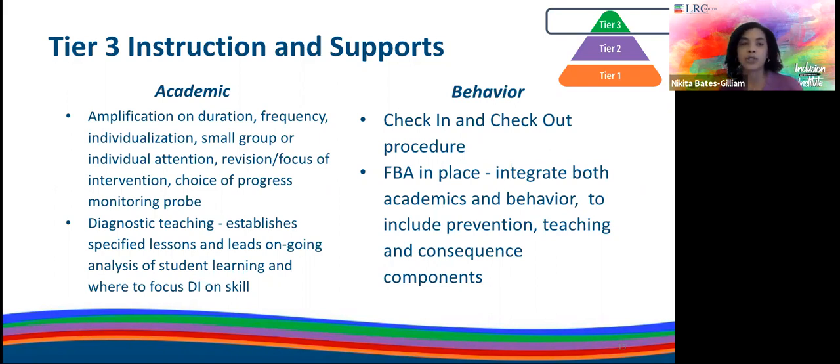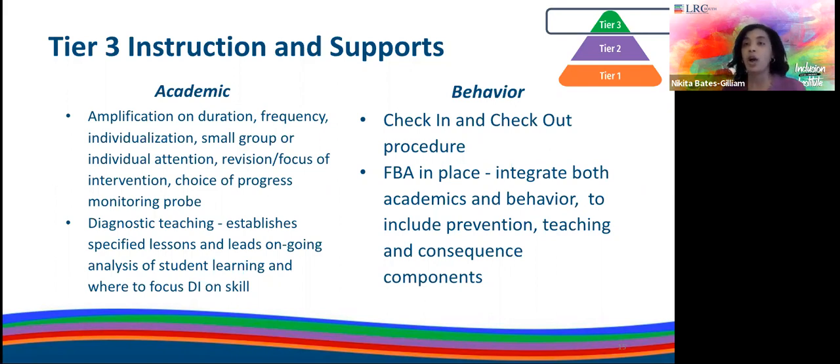So establishing those specific lessons that are going to be allowing for ongoing analysis of the students' learning goals that are being met, and the targeted areas for DI and those skills that will be utilized.